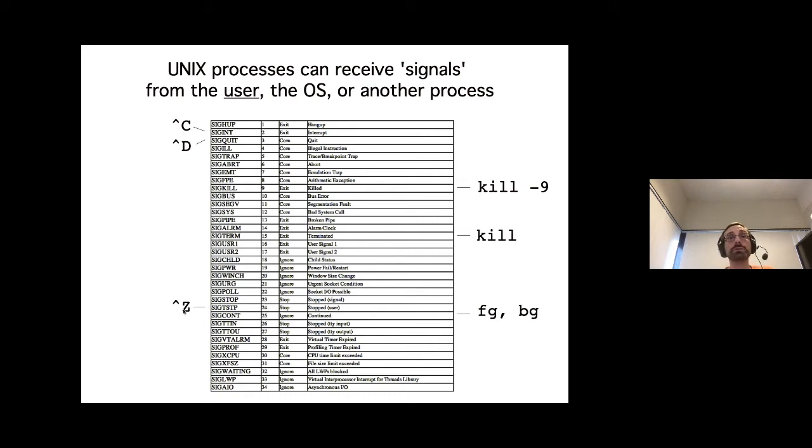It's going to pause, and then typically you have other commands, fg and bg, to restart the program, either in the background with bg or in the foreground with fg. You also have the kill command that can send signals. If you use the kill command, by default it sends signal number 15 called SIGTERM, and that's also a way to kill your program, or you have the highest level, kill -9, which sends a SIGKILL.